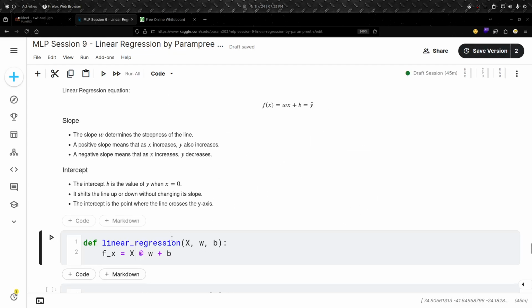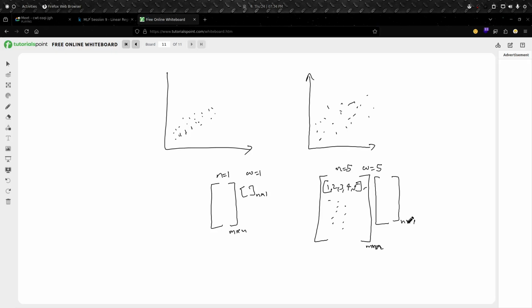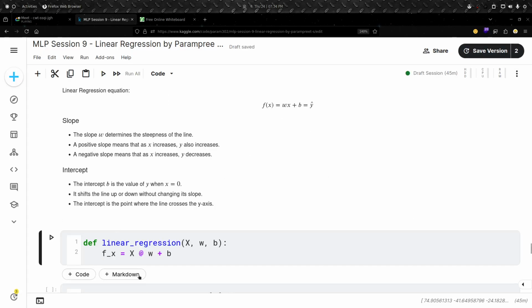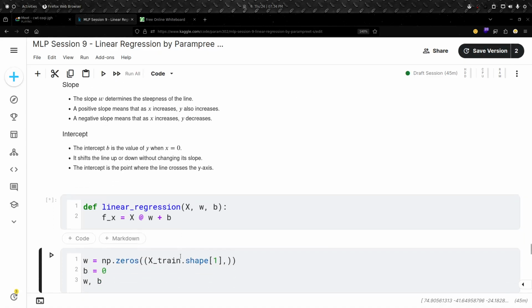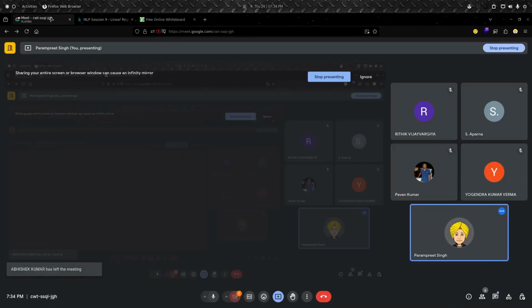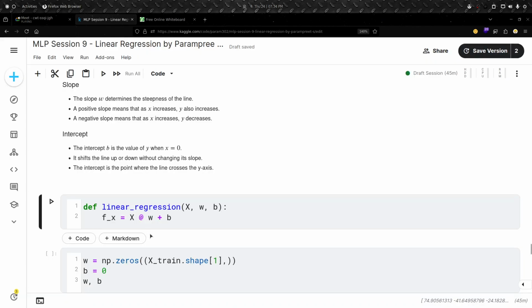I am doing this to align the vector and the matrix in the same space, so I'm writing x first and then the w. And this is our linear regression function. So is this clear to you all? Guys, is this clear? Okay.